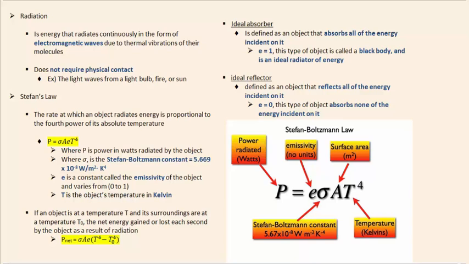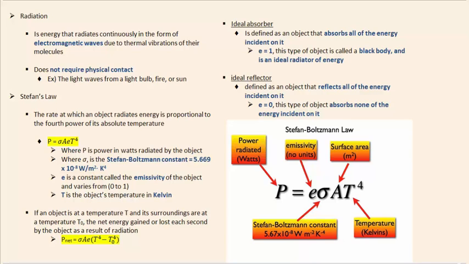Or once again, P, our power in watts, is equal to sigma, which is Stefan-Boltzmann's constant, which has a value of 5.669 times 10 to the negative 8th watts per meter squared times Kelvin to the fourth power, and then multiplied by A, which is our area, times e, which is a constant called emissivity, which varies between objects from a value of 0 to 1, and our temperature measured in Kelvin taken to the fourth power.